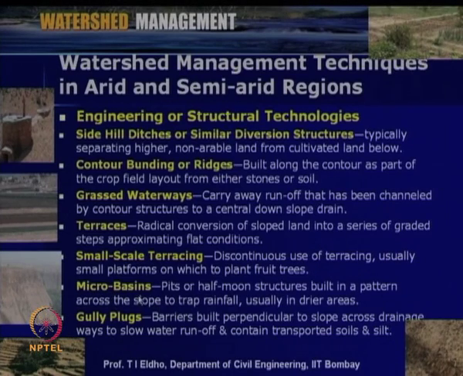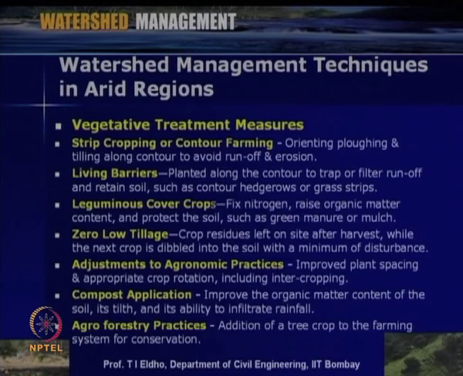Then also we can go for micro basins, like pits or half moon structures as part of rainwater harvesting. And then we can go for gully plugs, like barriers built perpendicular to the slope across drainage ways. So, these are some of the engineering or structural technologies which are possible for arid or semi-arid regions.